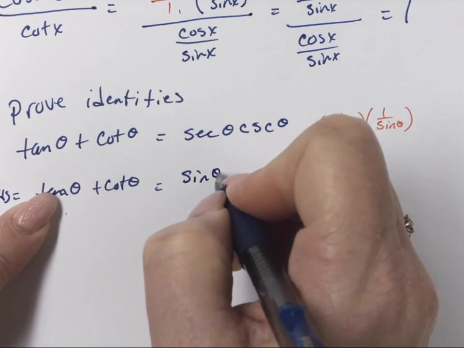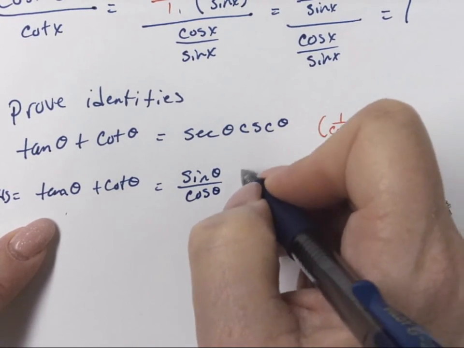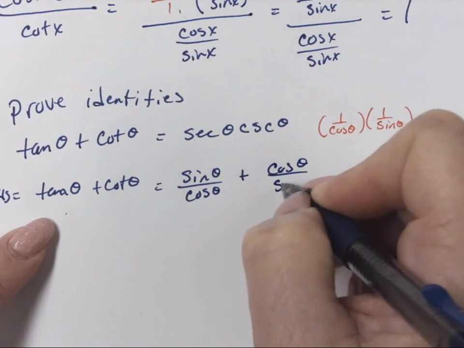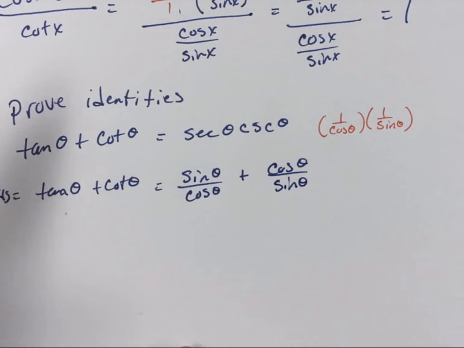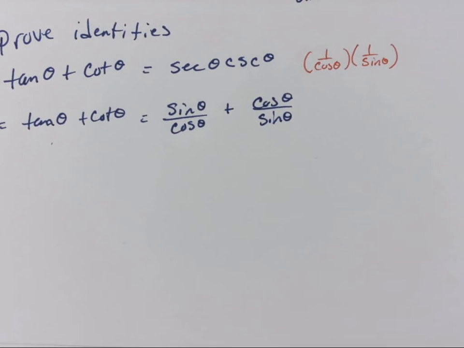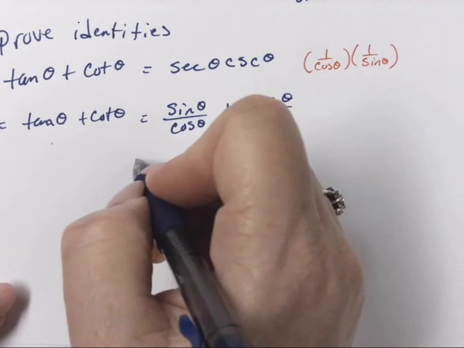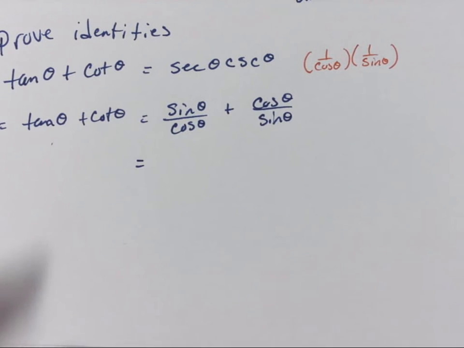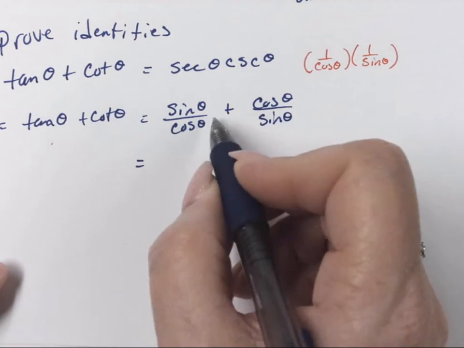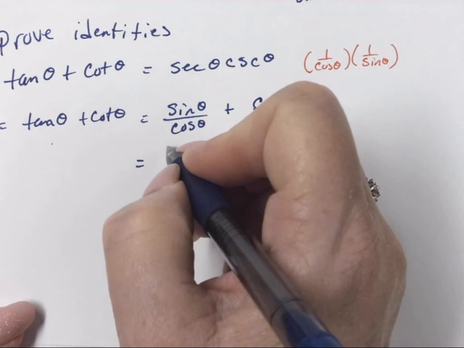To get that, we'll have sine theta over cosine theta times sine theta, and I multiplied the bottom by sine theta, so I have to multiply the top by sine theta. Plus, over here we'll have cosine theta times sine theta, and I already had cosine theta, but I did not have that on the denominator, so I also have to multiply it by cosine theta.